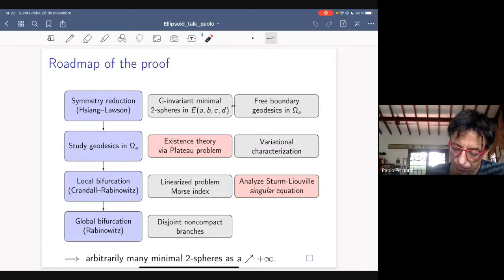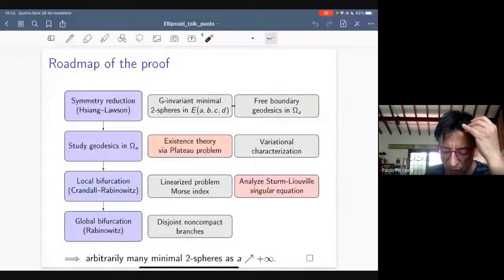That is, minimal two spheres that are invariant with respect to this group of symmetries become geodesics in the orbit space of this group action. Geodesics with respect to a metric which is not exactly the metric induced by the isometric action, but a conformal multiple of that metric. Okay, we'll discuss this at some point later on. So first, we reduce the problem from finding minimal two spheres to finding free boundary geodesics in a manifold with boundary.